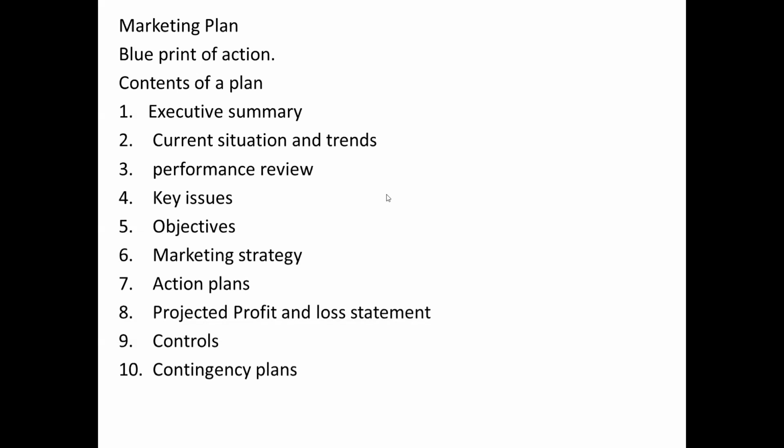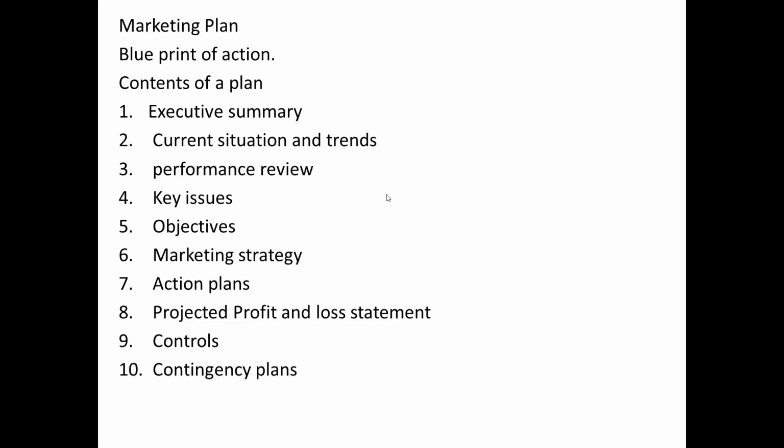Now many a times it gives rise to this contingency plan also. That is the immediate action. Contingency plan outlines the steps management would take in response to specific adverse developments. Suppose if there are cyclones, if there are strikes by employees.